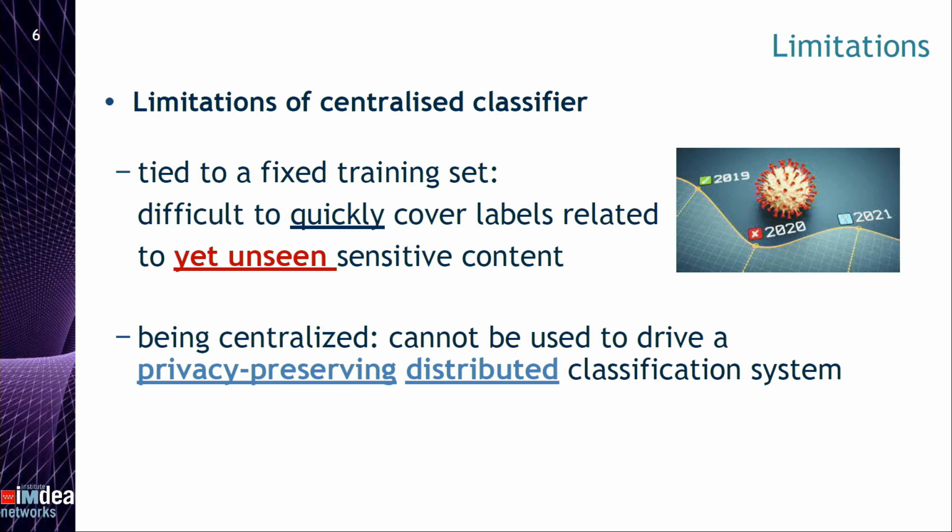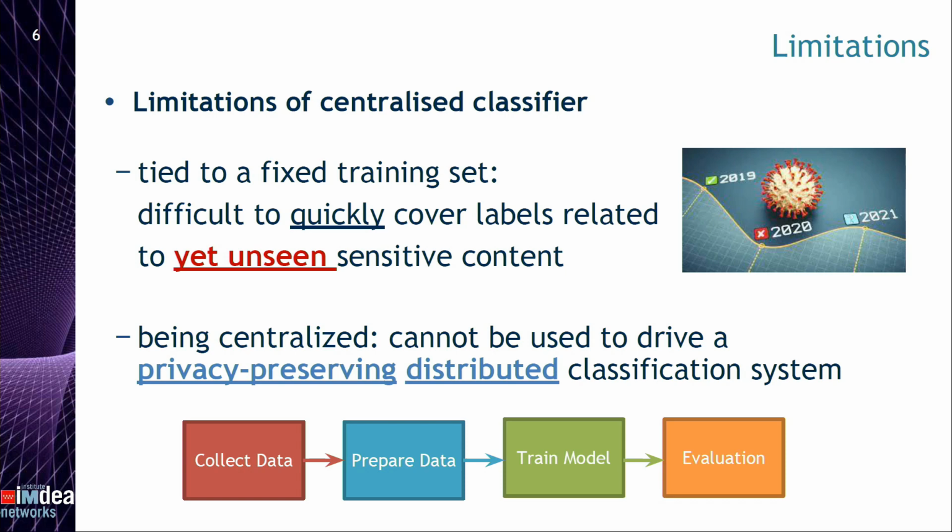The second limitation is that it is centralized, which means it cannot be used to drive a privacy-preserving distributed classification system, because all the data are stored in the server.